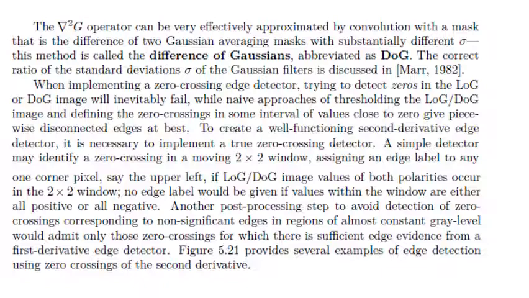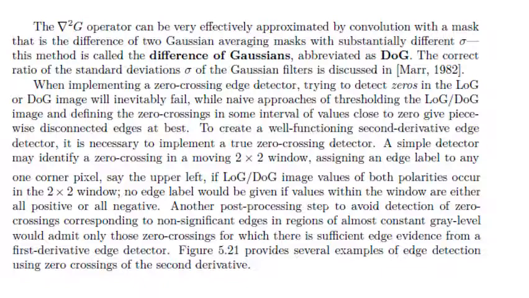When implementing a zero crossing edge detector, trying to detect zeros in the LoG or the DoG image will eventually fail, while naive approaches of thresholding the LoG or DoG image and then defining zero crossings in some interval of values close to zero give piecewise disconnected edges at best. So it is better, rather than going for LoG or DoG alone, to find the ratio LoG by DoG.